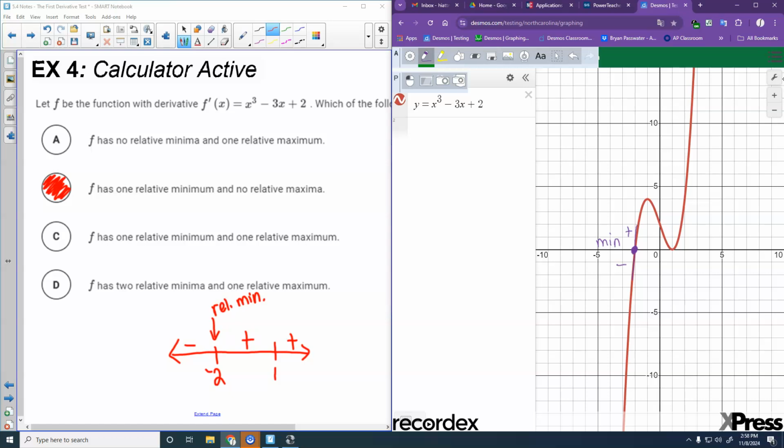Here, I do touch the x-axis, but it's positive and still positive, so it didn't change. So that's not going to be anything at all. If it came back down and crossed here, then you would be going from positive down to negative, and you would have a maximum at that point. So you're looking at where you have zeros of your derivative and where they're changing signs.